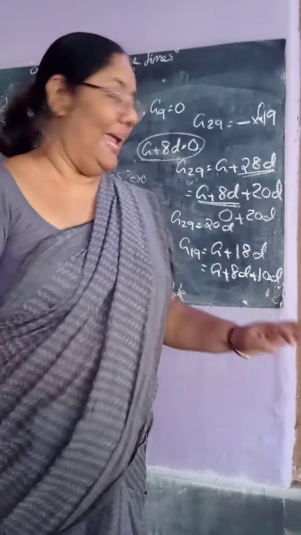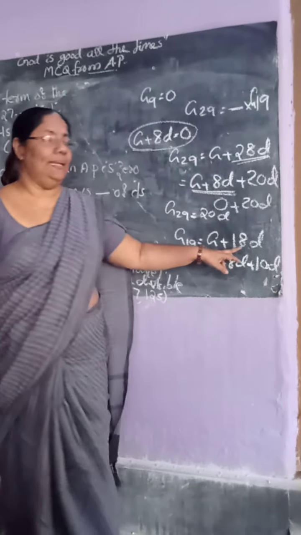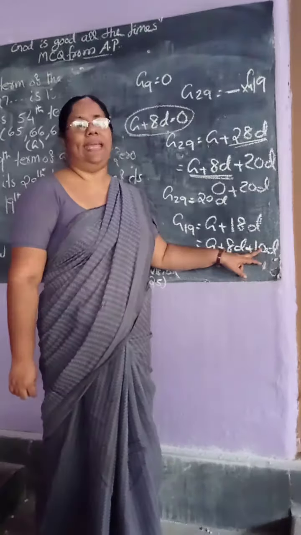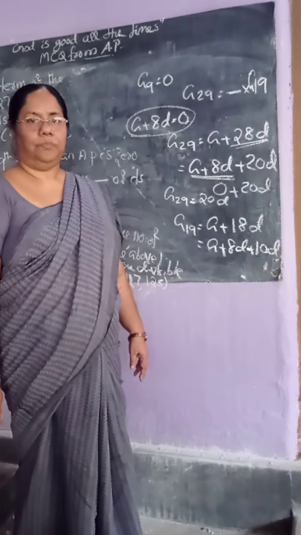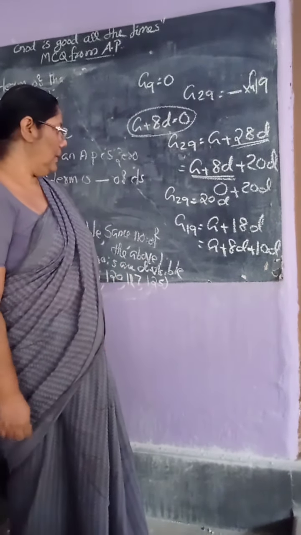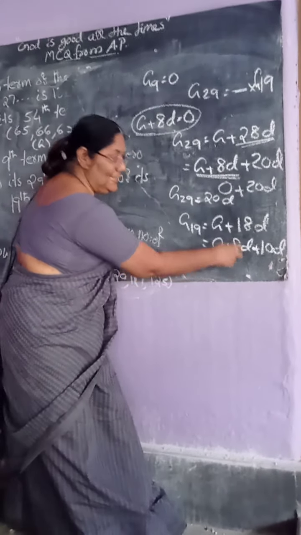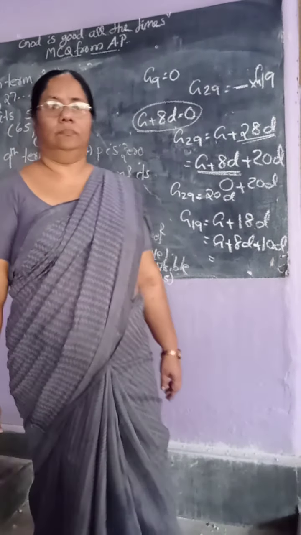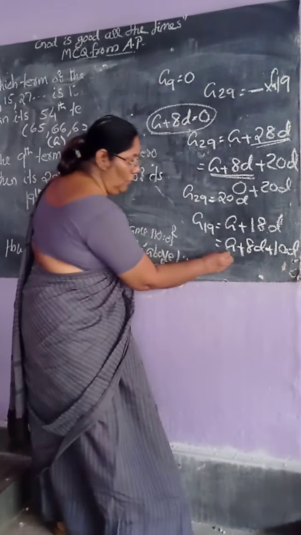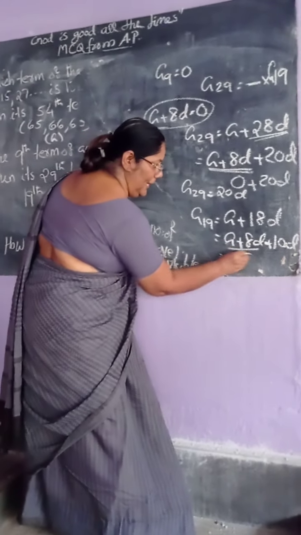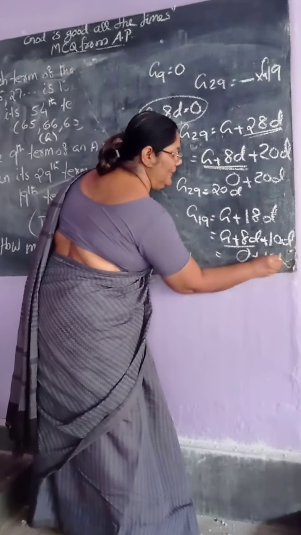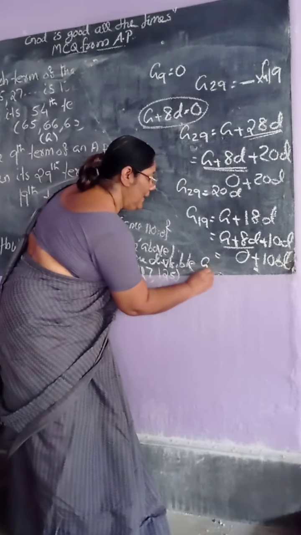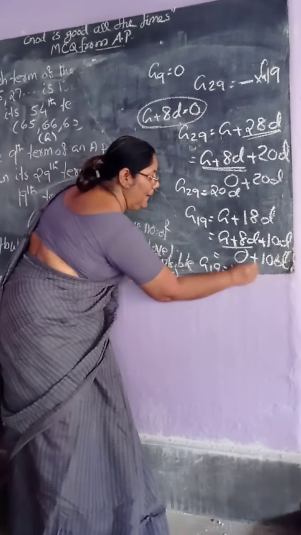Understand, students? Then what is A plus 8D? In the place of A plus 8D we can put 0. 0 plus 10D. A19 means 10D.